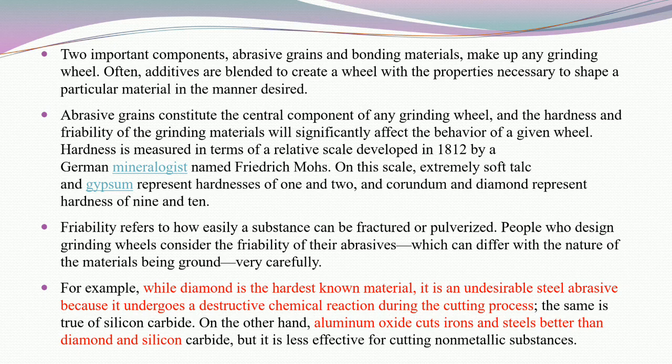The same is true of silicon carbide. On the other hand, aluminum oxide cuts irons and steels better than diamond and silicon carbide, but it is less effective for cutting non-metallic substances.